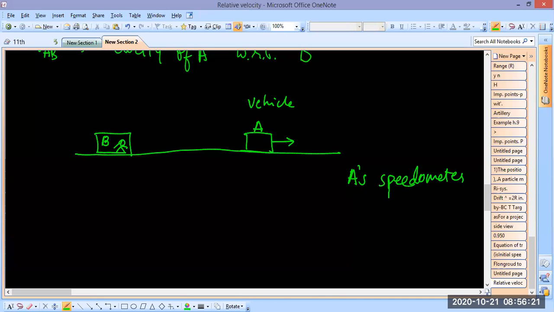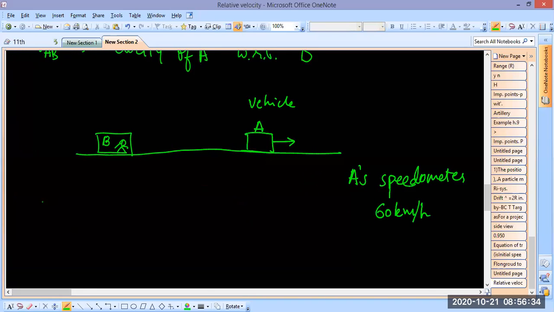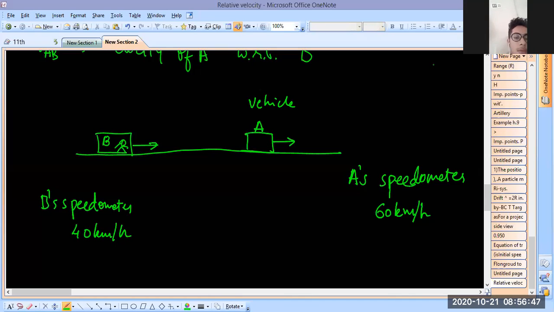Let's say A's speedometer is showing 60 kilometers per hour, and B's speedometer, the vehicle in which you are, is showing 40 kilometers per hour. And let's say vehicle B in which you are sitting is also going in the same direction.